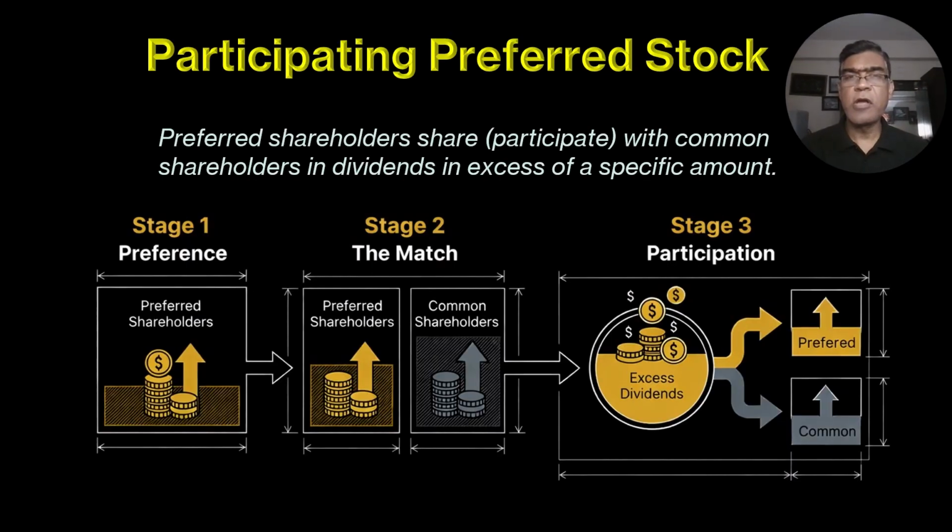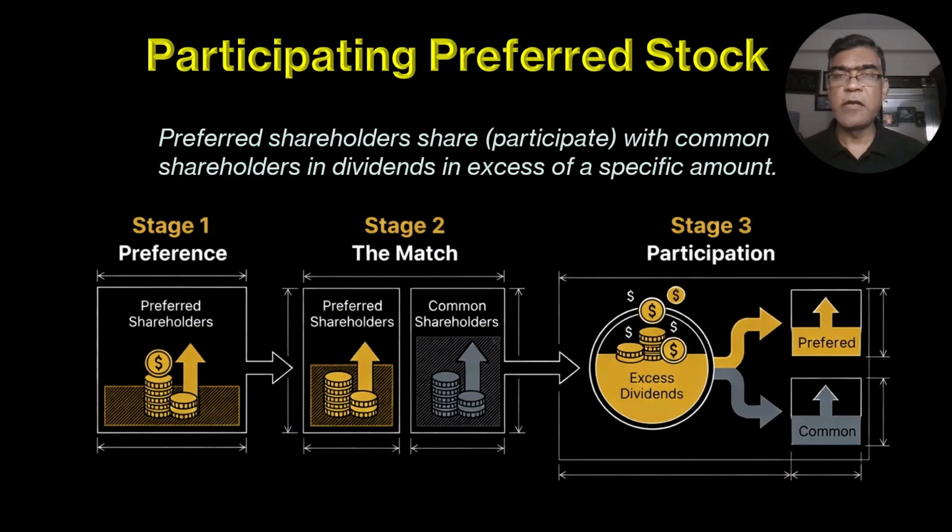Participating preferred stock gives preferred shareholders an extra advantage. They not only receive their fixed dividend but also share in additional dividends with common shareholders when profits exceed a certain level. Let's break down the three stages shown here. Stage 1, preference. Preferred shareholders receive their guaranteed dividend first. That's their priority. Stage 2, the match.